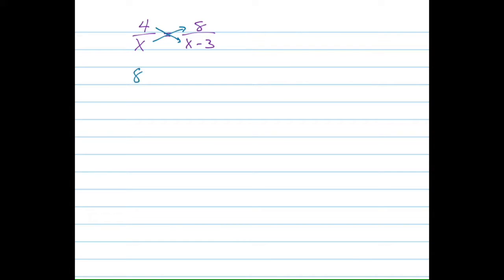The 8 times x should be pretty simple, but when you do 4 times x minus 3, we use which property? The distributive property. What do we get when we distribute on the right? 4x minus 12. What's our next step in solving?